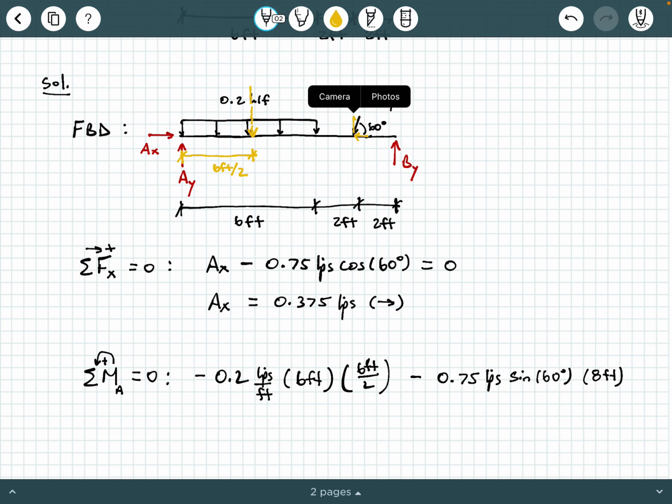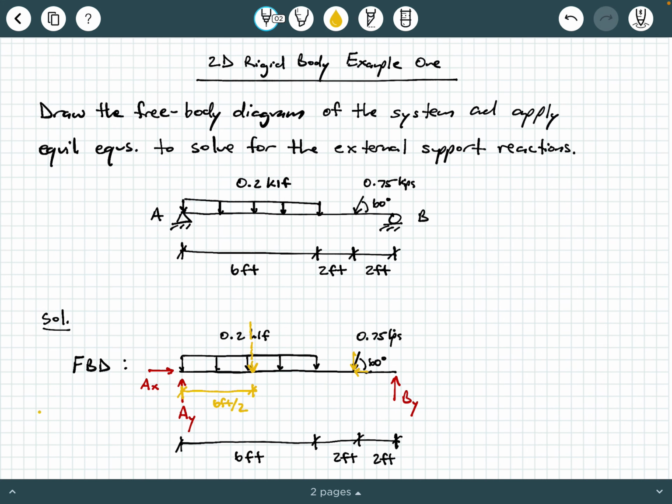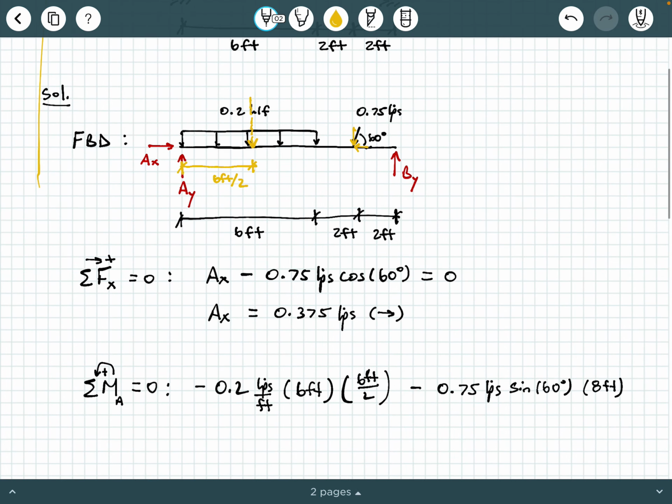We're going to look at the vertical component here, because the vertical component of that 0.75 kips is what is generating the tendency of rotation about point A. And so the vertical component is 0.75 kips times the sine of that reference angle, which is 60 degrees. And then its perpendicular distance away from point A is this 8 feet right here, okay?